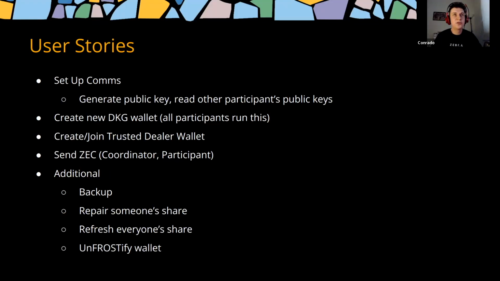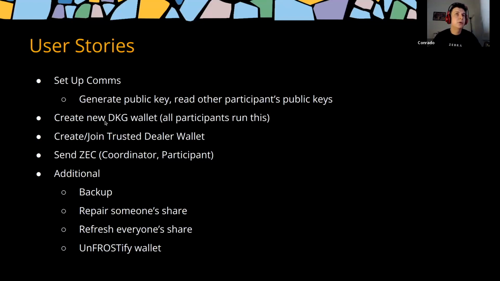I'll go back to the question shortly, but just to finish this, here are some user stories that wallets will need to support. The first part is setting up communications, and that will depend on whatever specific communication solution is chosen. But we probably need some mechanisms to generate a public key for yourself, send it to other people, and read other people's public keys, right?